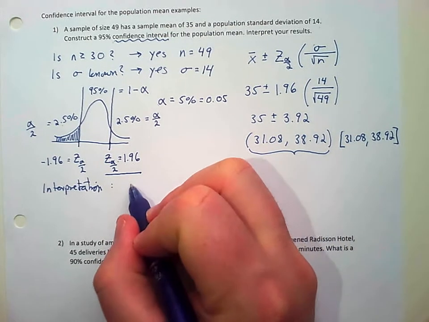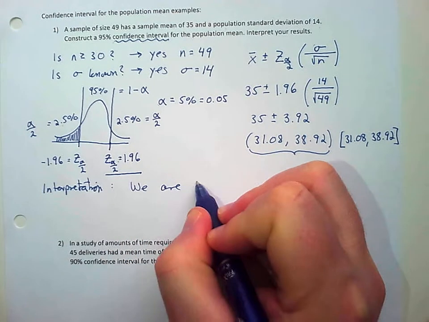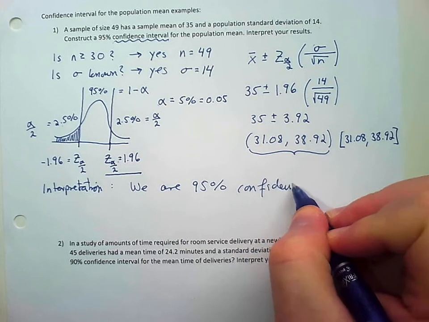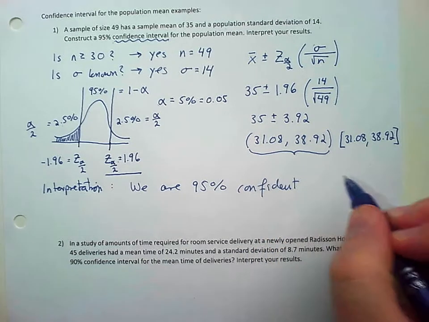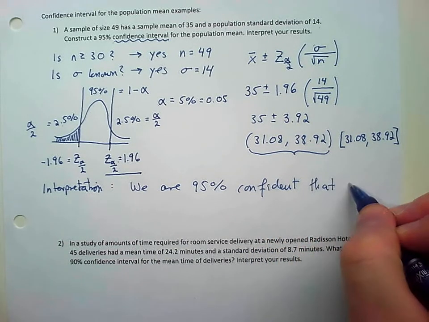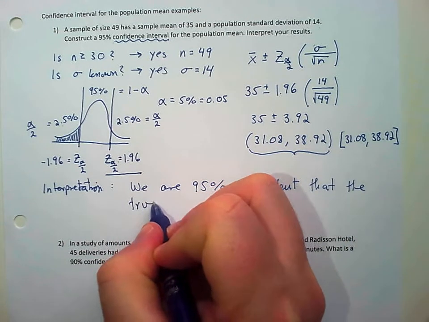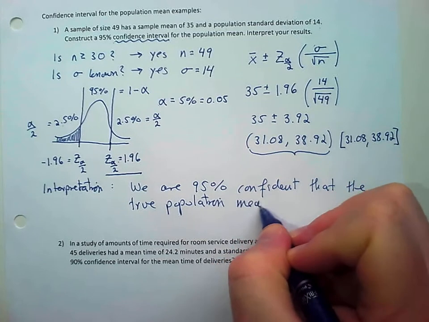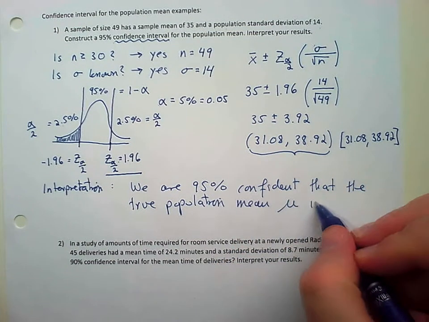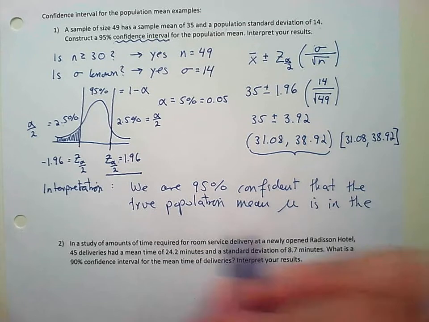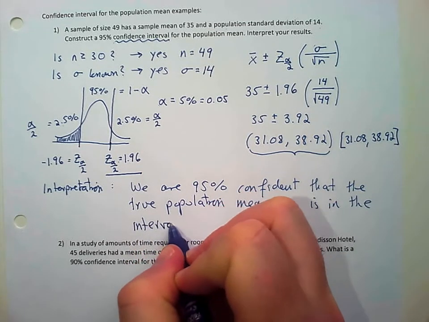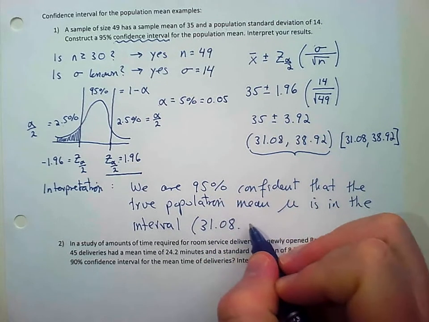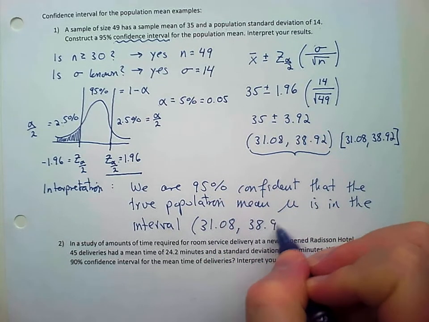And our interpretation is this: we are 95% confident that the true population mean mu is in the interval that we just calculated, which is 31.08 to 38.92.